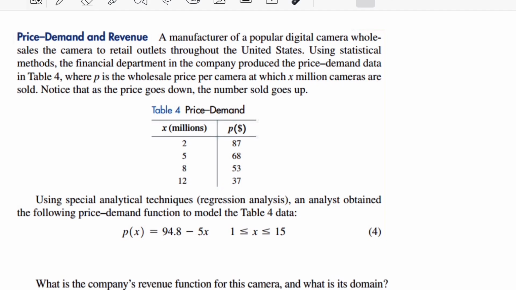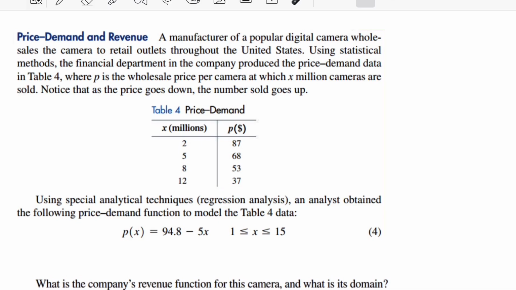So we're told that a manufacturer of a popular digital camera wholesales the camera to retailers throughout the United States. Using statistical analysis methods, the financial department in the company produced the price demand data in table 4, where P is the wholesale price per camera, and at which x million cameras are sold.